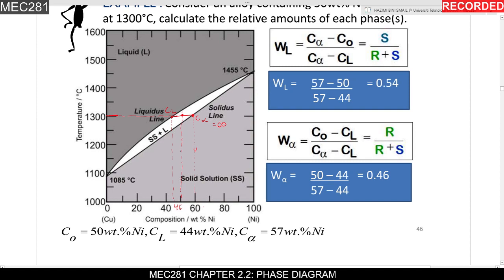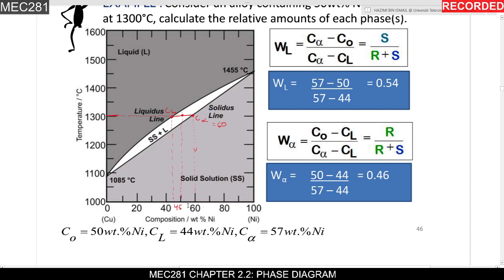That is my approximation, but the values are given: C liquid accurately at 44 and C alpha is 57. So yes, you have to use your ruler.